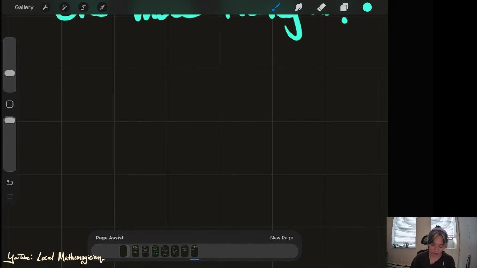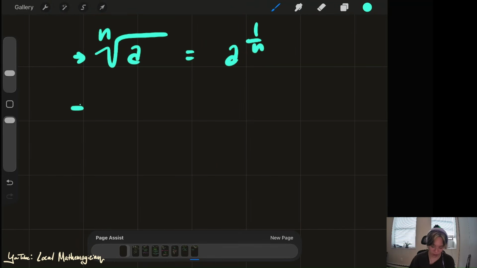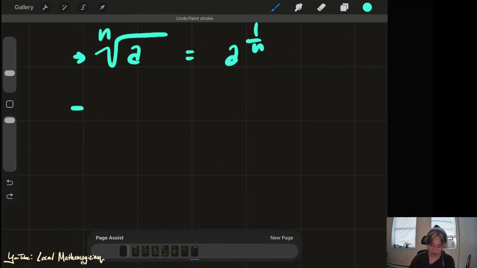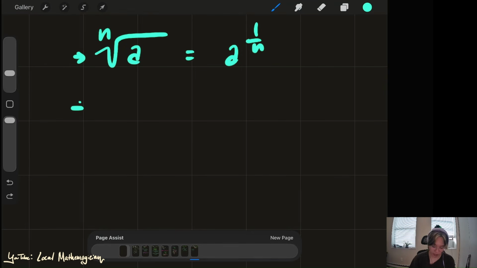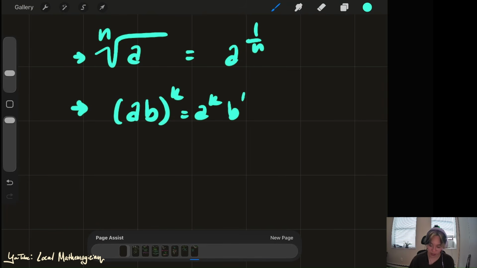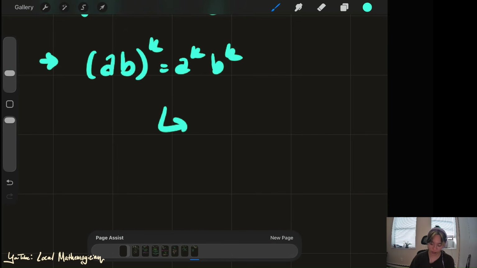If you know that the nth root of a is equal to a to the 1/n, and we know that ab to the k is equal to a to the k, b to the k, what can you say about the nth root of ab?